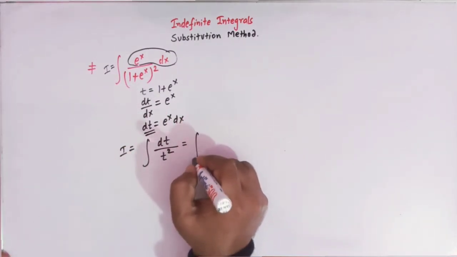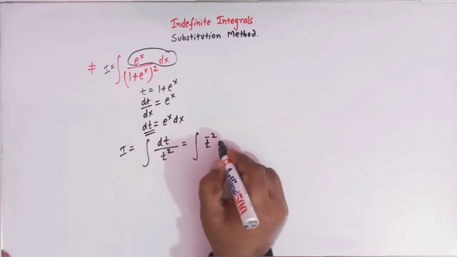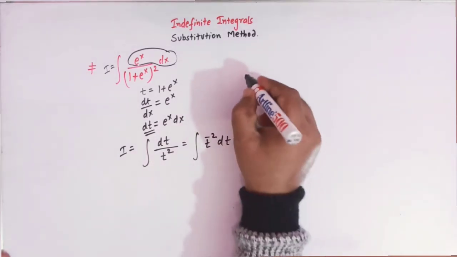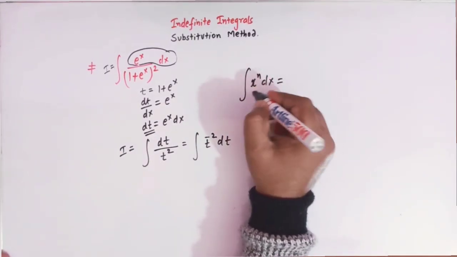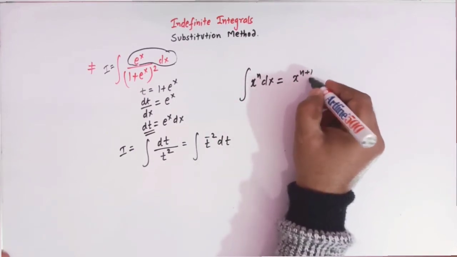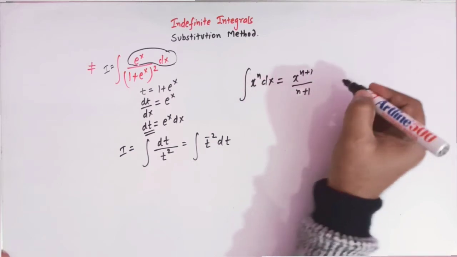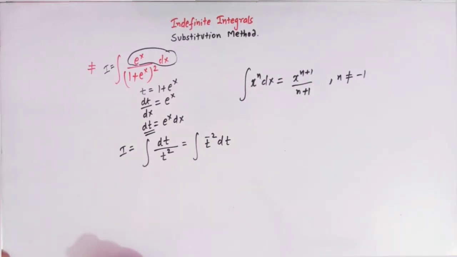Now we have a very simple integral here, so we can write t raised to minus 2 dt, and now we can make use of this result, that is integral of x raised to n is x raised to n plus 1 over n plus 1, provided n is not equal to minus 1, right?